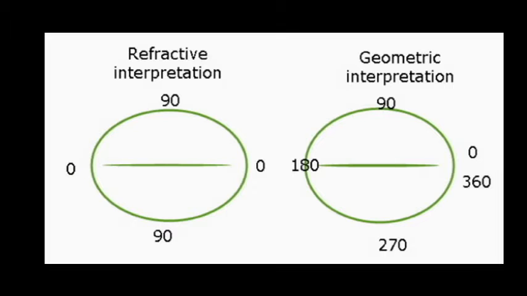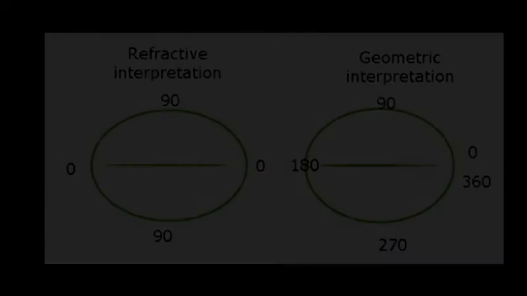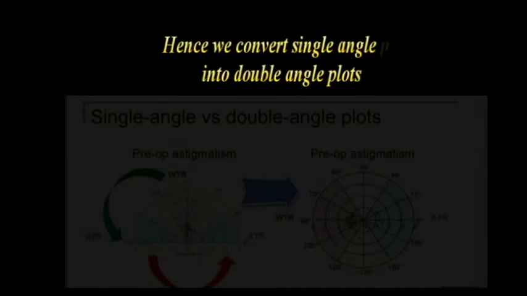One of these differences is that in geometric interpretation you have to travel 360 meridians to reach the same point again. However, in the refractive world you can travel just 180-degree meridians and you reach the same point.